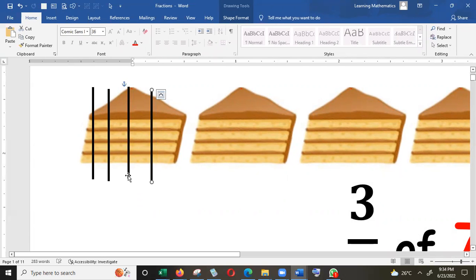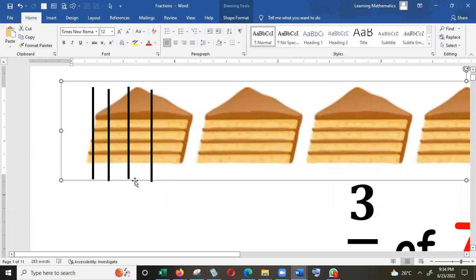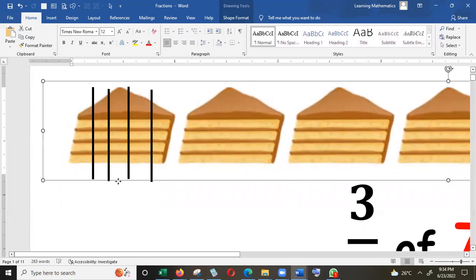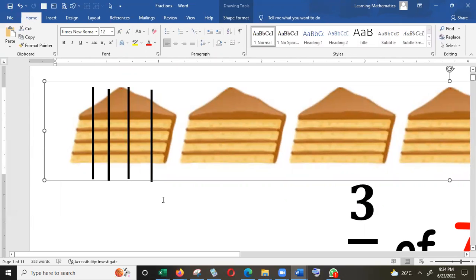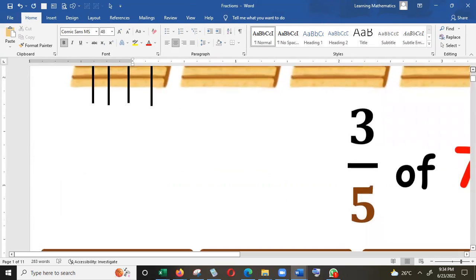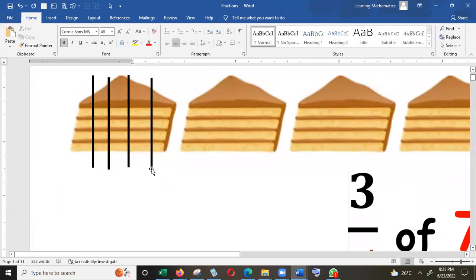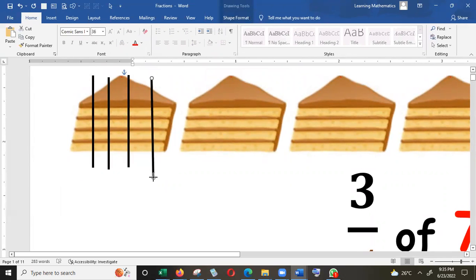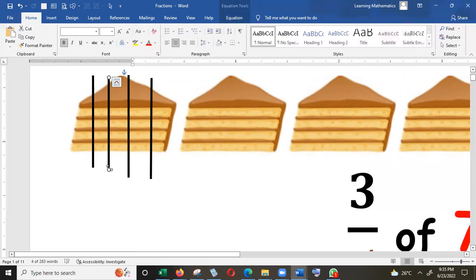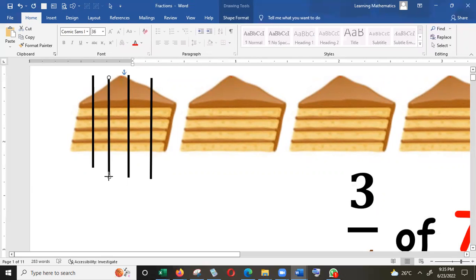Basically fractions is dividing, trying to separate and divide out. Fractions is basically trying to divide a whole into some equal parts.